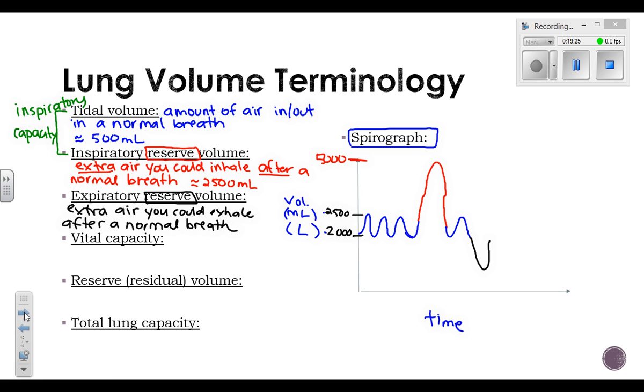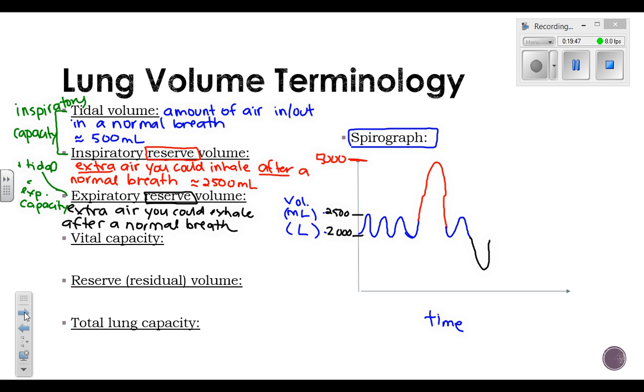Now, just like with inspiratory reserve, this is not all the air I can breathe out, this is just the extra air. So if I took this and added it to tidal volume, I would get my expiratory capacity. That's all the air that you could possibly breathe out.